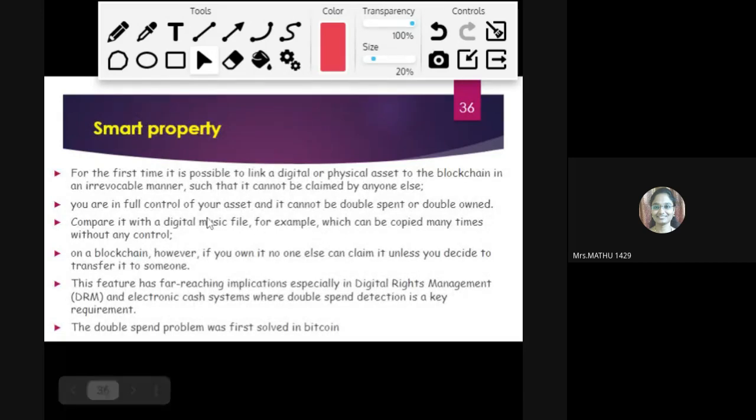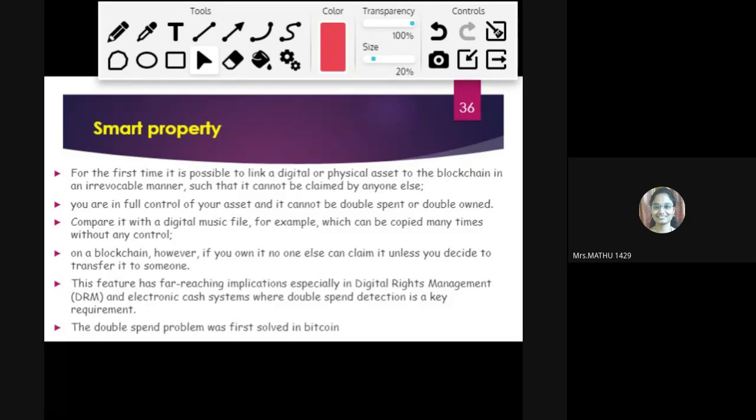The next one is smart property. Now the same thing we are talking about; it is all dealing with the same kind of things. Again it is a digital asset that is added to the blockchain, and it cannot be revoked by someone else. This also we have discussed earlier: double spending.